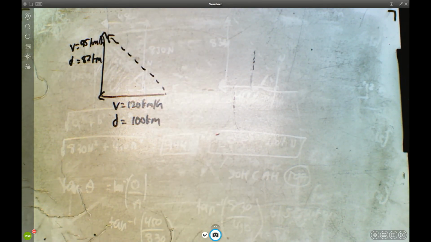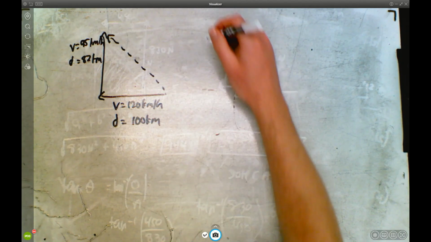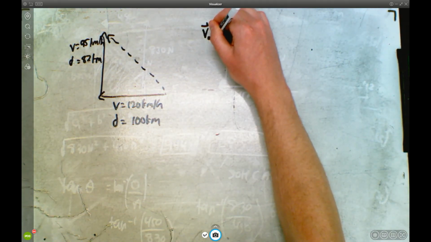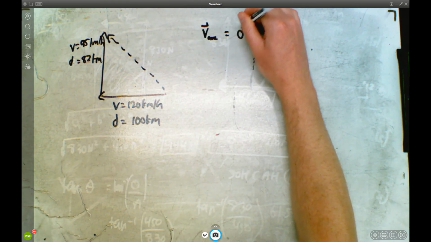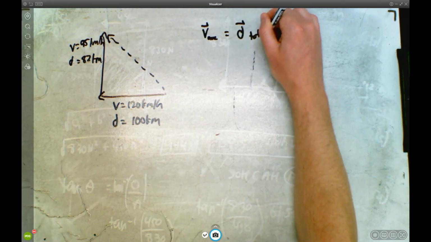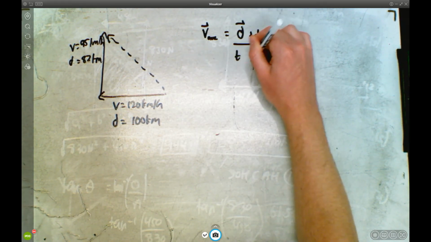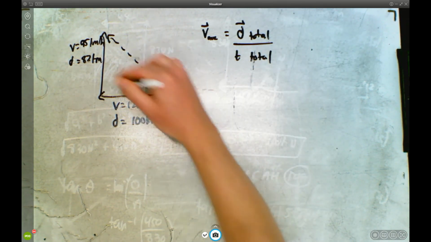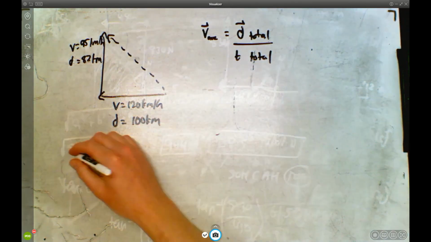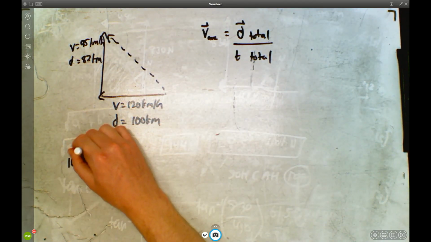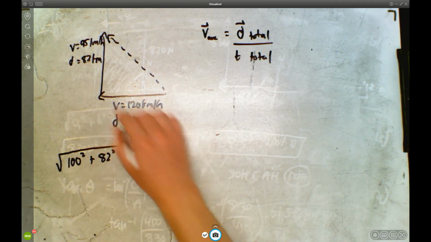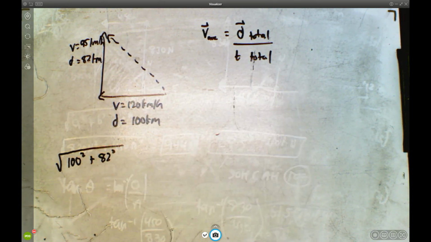So the question is asking for the car's average velocity. And remember that we find our average velocity by our total displacement over our total time. So to find our total displacement, well, these are our two displacements, we could just go 100 squared plus 82 squared, all square root, our two distances, and we could find our total displacement.